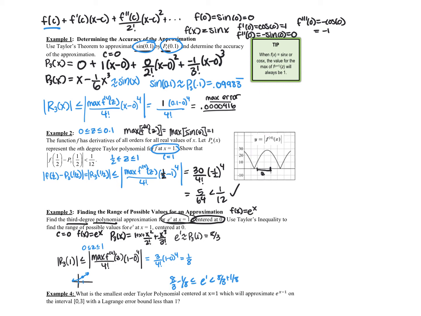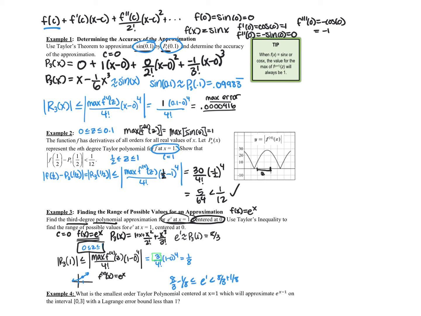So just to backtrack here a little bit, when we took the maximum value here was 3, okay? That's because if f is e to the x, then f prime will be e to the x, f double prime will be e to the x, so f to the 4th is also e to the x. And our z is between 0 and 1.